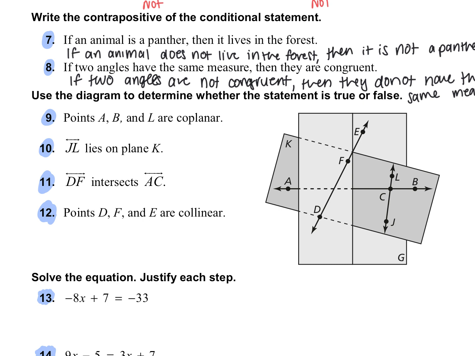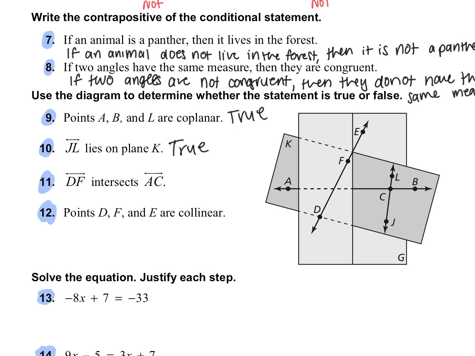We'll write true. All right. LJ lies on plane K. So here's LJ. Is LJ on plane K? Yes, this is also true.